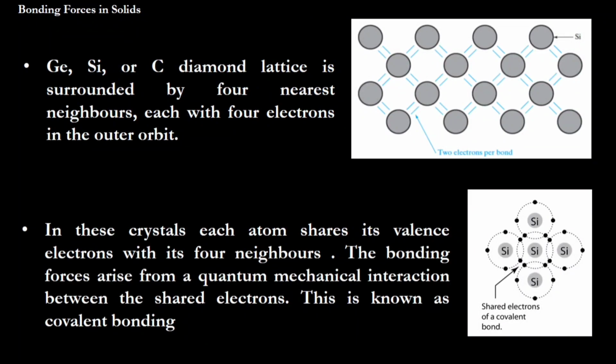Okay. Next type of bonding is covalent bonding. In the first case, we brought one metal atom and one non-metal atom. It gives ionic bonding. In the second case, we brought one metal atom and another metal atom, and we got metallic bonding.